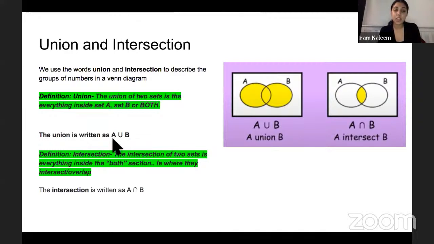So this represents the union. I'll give you a moment to write that down. If you like, you can sketch a very quick diagram and shade in what the union represents. But the definition should still tell you what that is as well.